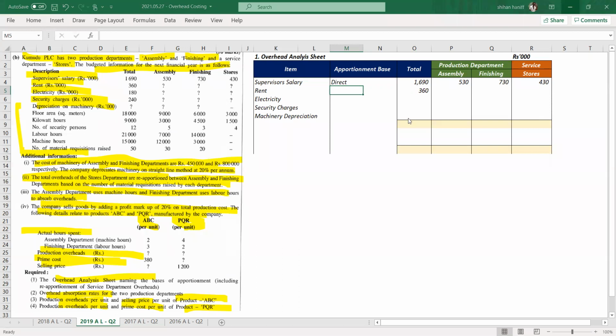Most suitable apportionment base for the rent is floor area. Floor area 963 means 3:2:1.